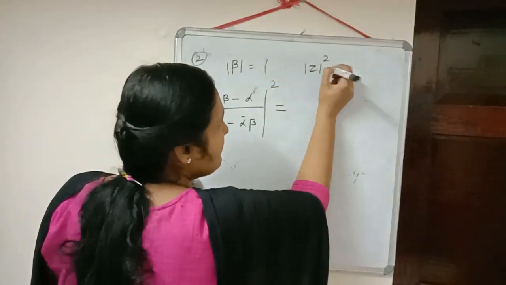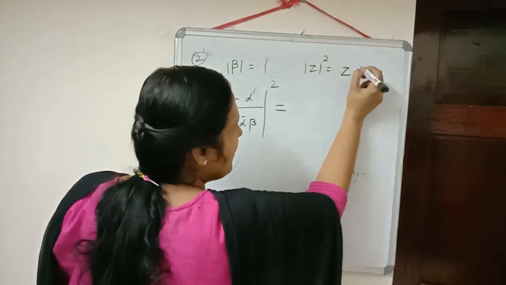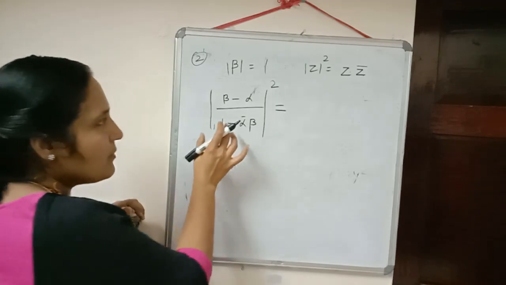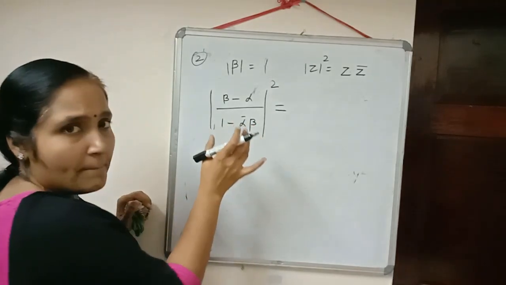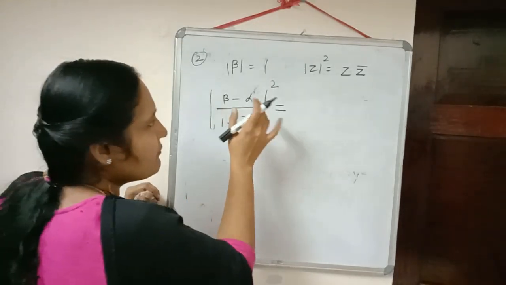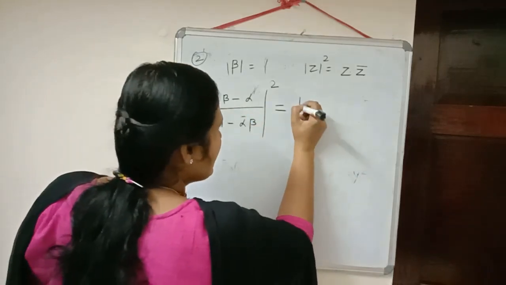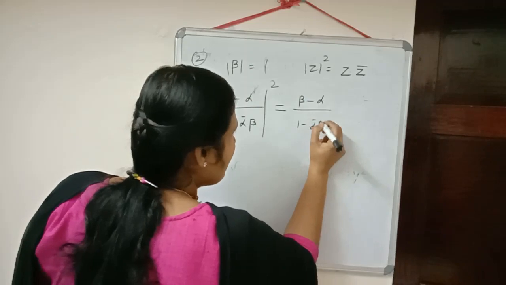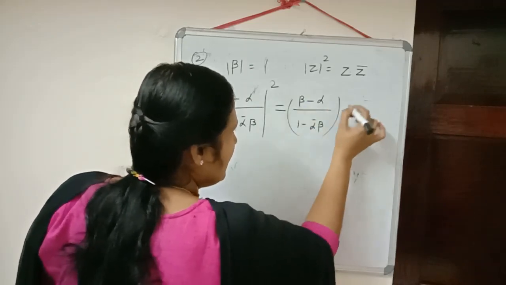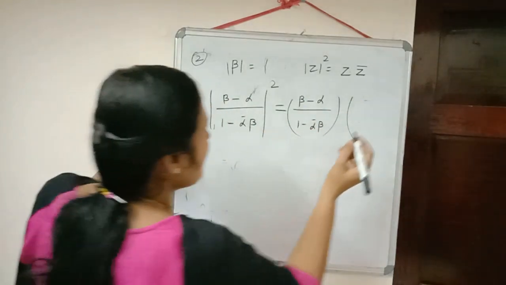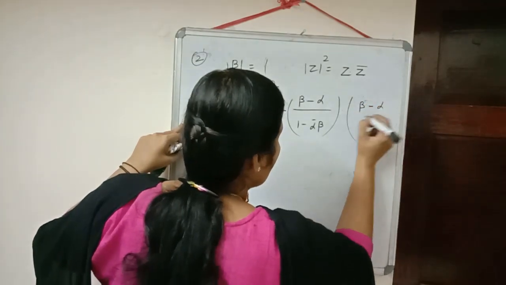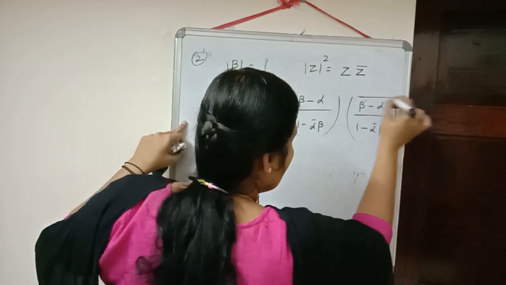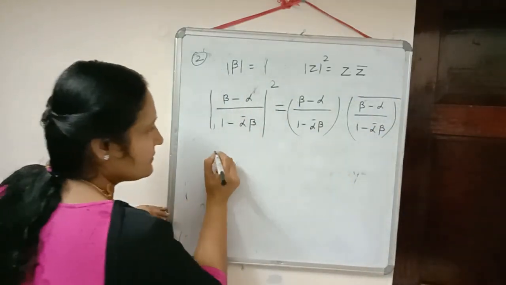Consider this as a complex number. So its square will be equal to this number, that is beta minus alpha by 1 minus alpha bar beta, into the conjugate of this number, beta minus alpha by 1 minus alpha bar into beta, the whole conjugate.